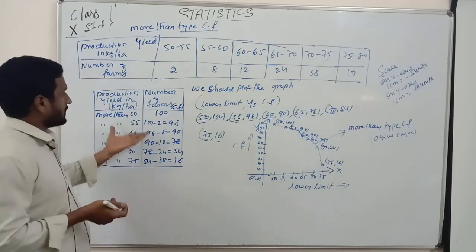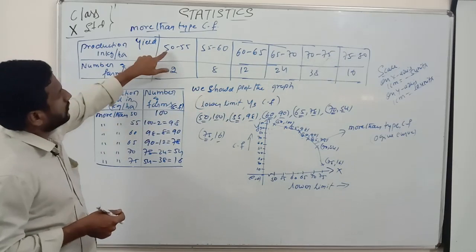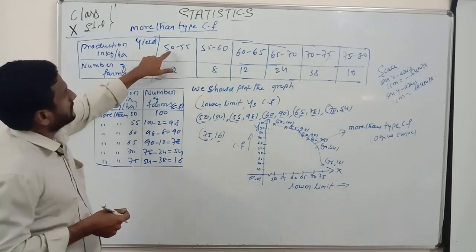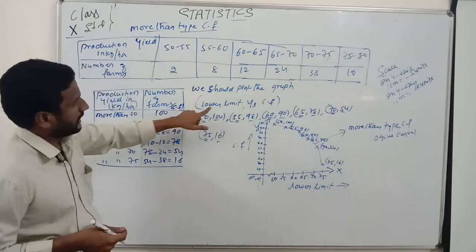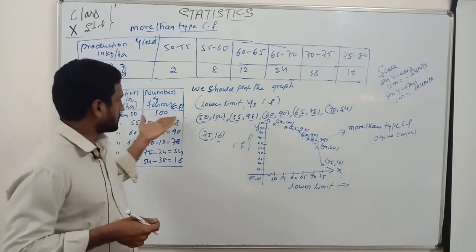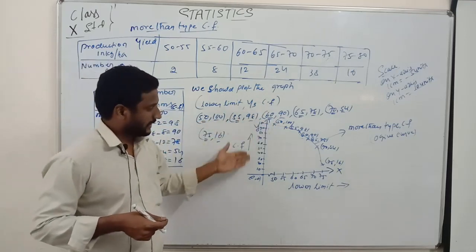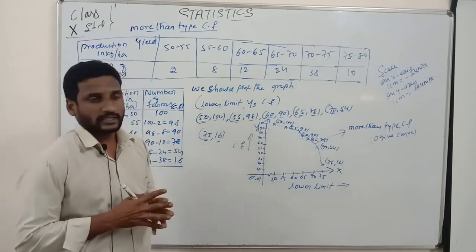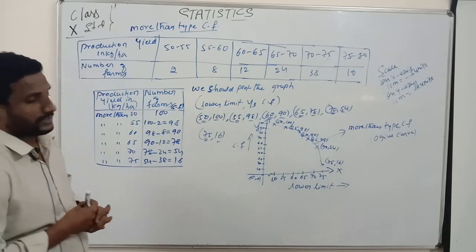After getting this table, plot the graph of lower limit versus cumulative frequency. Write all the points in brackets, draw the x and y axes, locate the points, join them and write the scale. This is your more than type cumulative frequency.